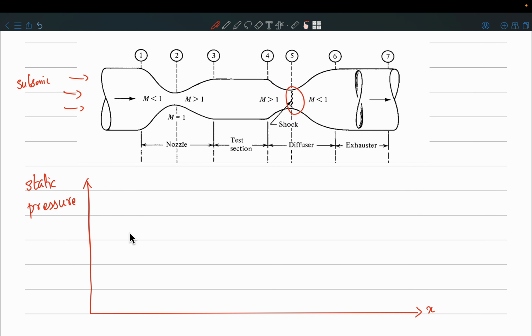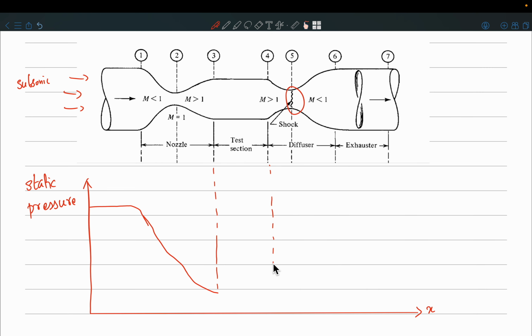Yeah, the pressure is supposed to decrease continuously in this converging diverging part. So initially it is almost same. Here it starts decreasing. It is going to decrease up till the test section, isn't it? So I'll decrease it up till the test section, and then it remains constant in the test section.